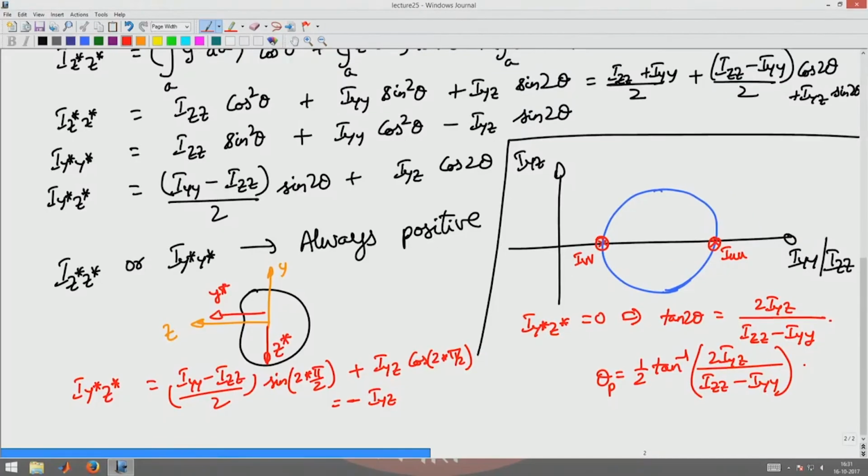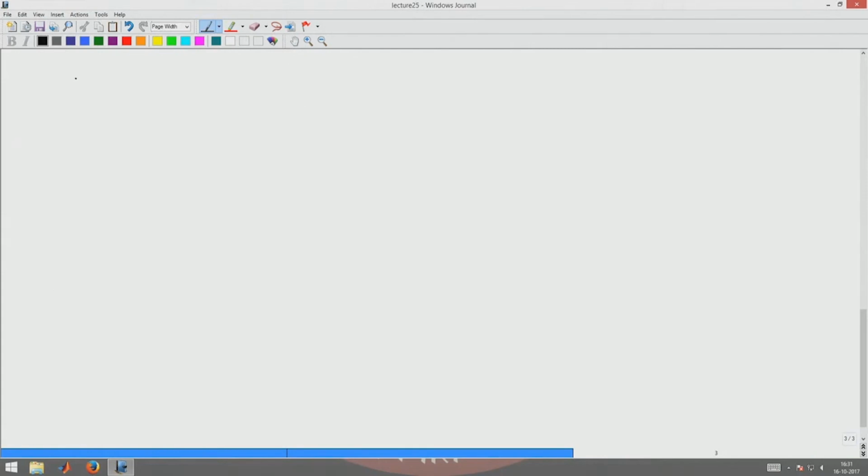Now, let us do an application of this for an angle section. Let us say the cross section is in the shape of an angle.